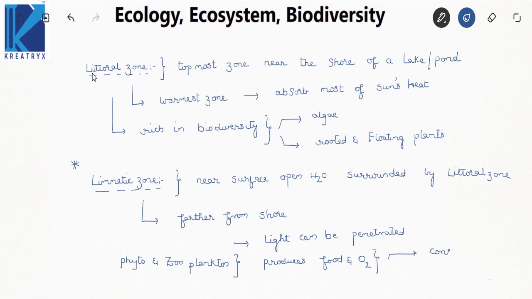Already we have discussed this food chain neatly in the structure of ecosystem. These phytoplankton and zooplankton are the main resources for food and oxygen in this zone, and this food and oxygen are taken by consumers of this zone. This is the major usage of the limnetic zone. Focus on this.